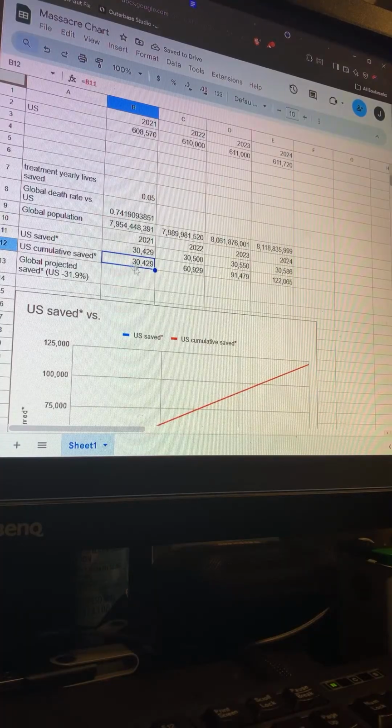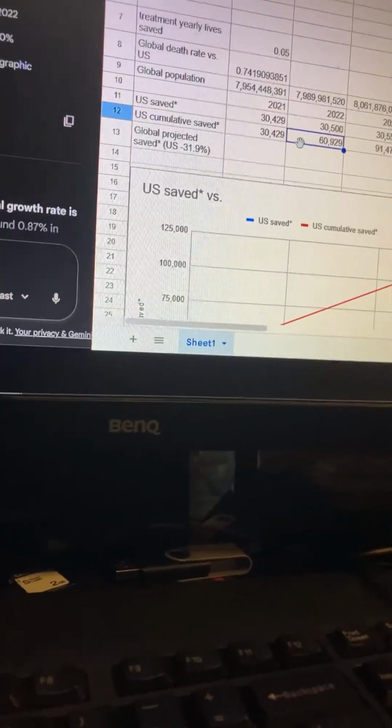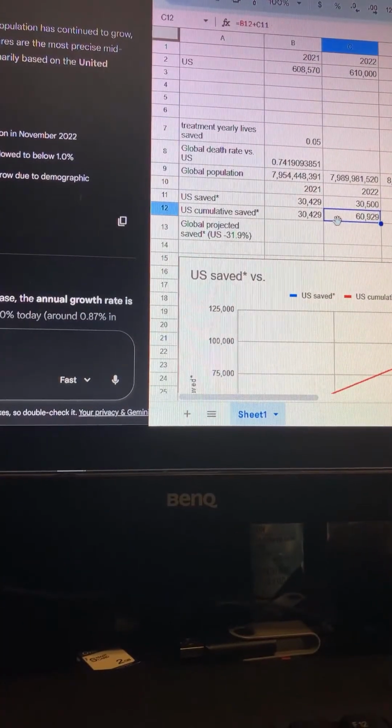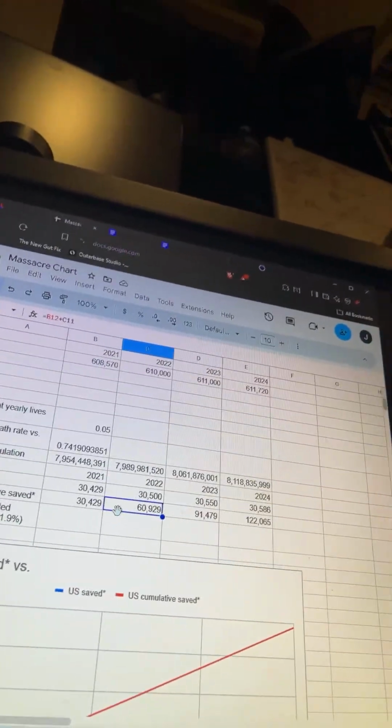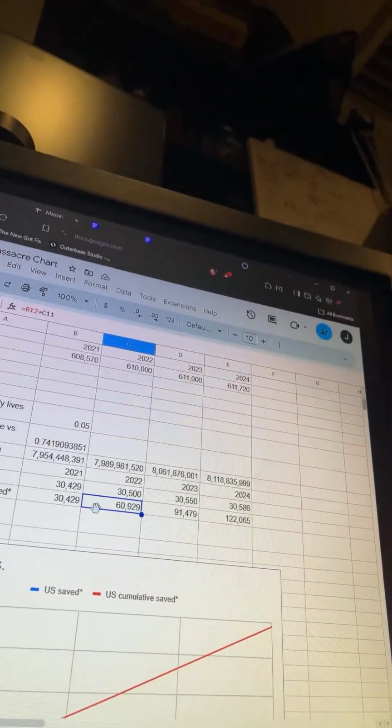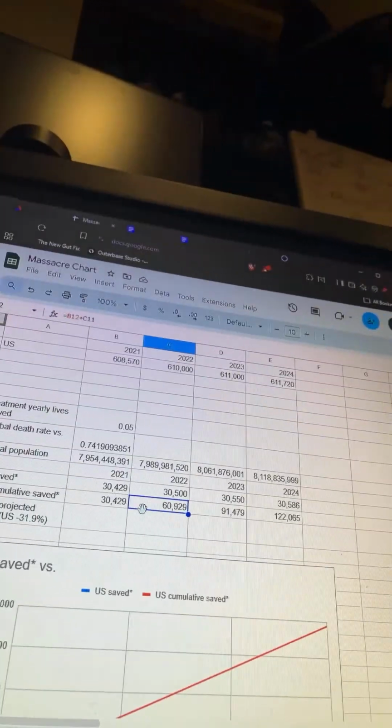So now, let's see, when we actually go and do our, let's see. Okay, so now we can do a projection.